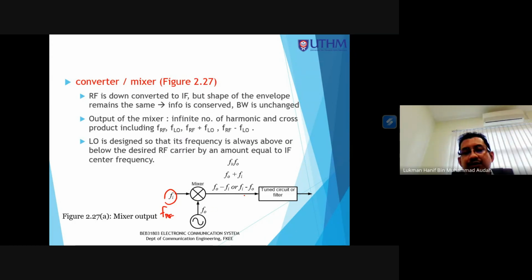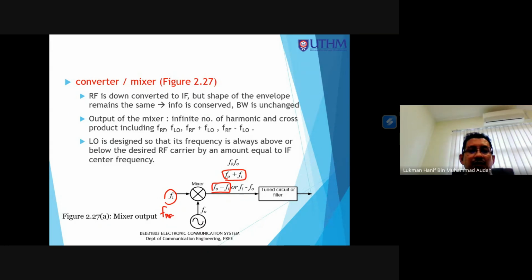What we produce is the upper sideband and also the lower sideband, and then we pass through the filter to select only the lower frequency.